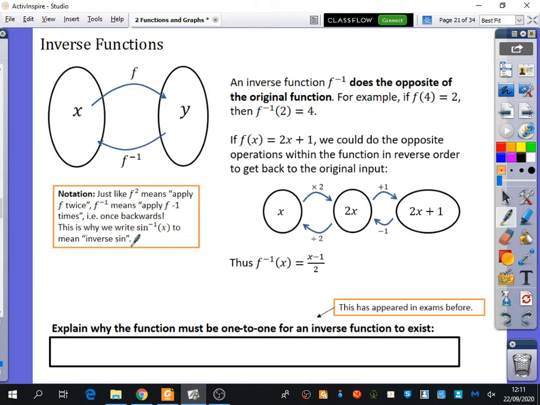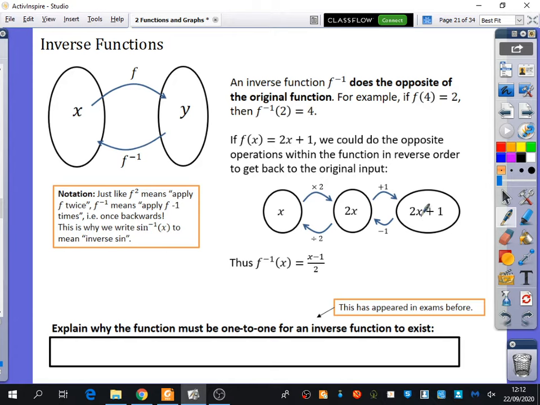So this method that I have here, I never actually want you to use in questions, okay? Some people last year just thought this was the way to solve these problems. It is not. It's just a demonstration I used for an original example. So for example, if f of x is equal to 2x plus 1, we could do the opposite operations within the function in reverse order to get back to the original input. So f of x being 2x plus 1 means you take x, you multiply it by 2, and then you add 1.